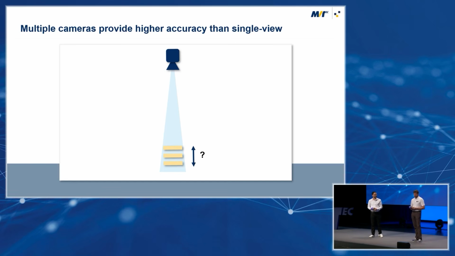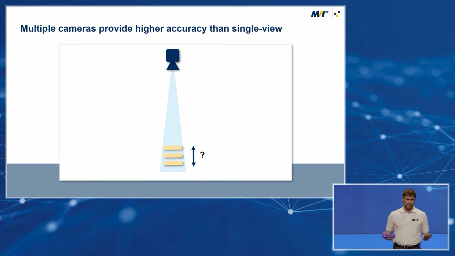Okay, why do we need more than one camera? Later we will see how it works. So one camera would be enough technically, but one camera has a problem: accuracy. Here in the example, we can see one camera looking with a field of view of a part, but we do not know the depth of the part.